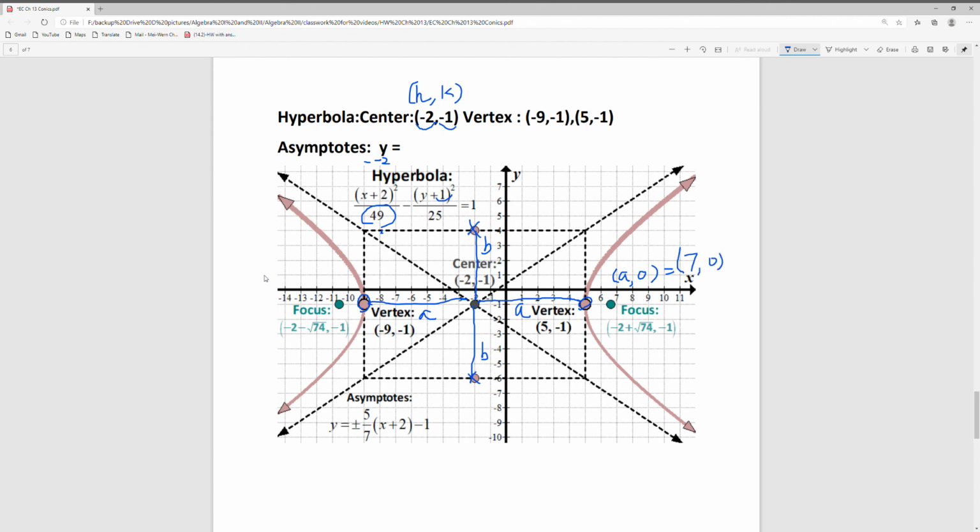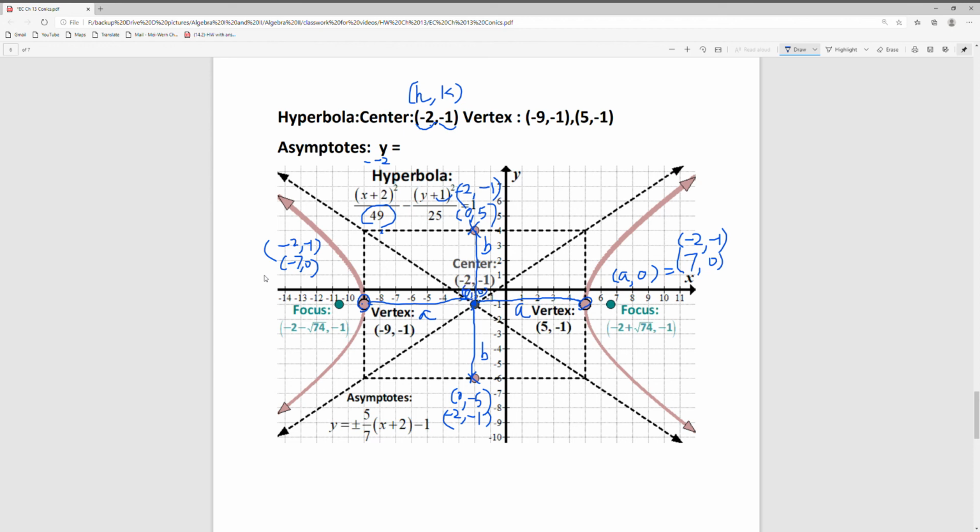And the other is negative 7, 0. The b is 5, so here you have 0, 5 and 0, -5. However, our center is not 0, 0. Our center is -2, -1. Therefore, I need to add -2, -1 to each of these points from 0, 0.